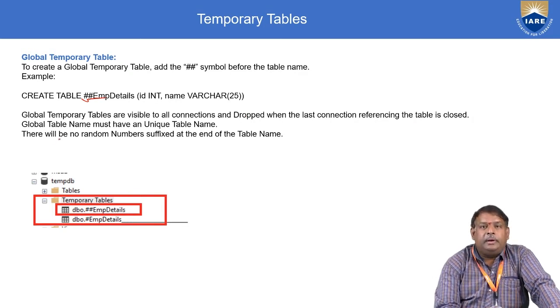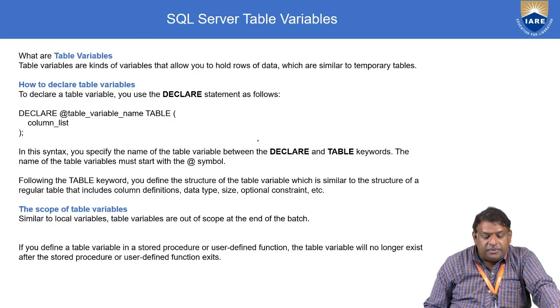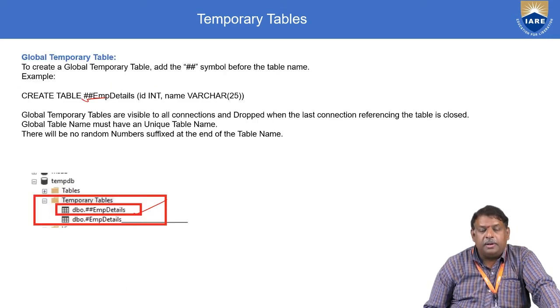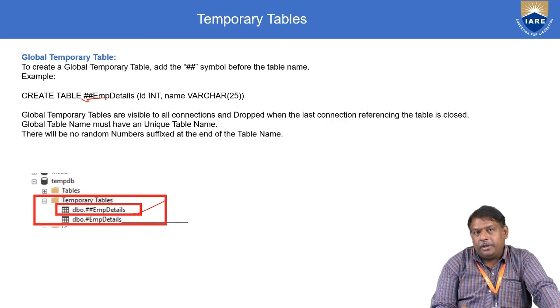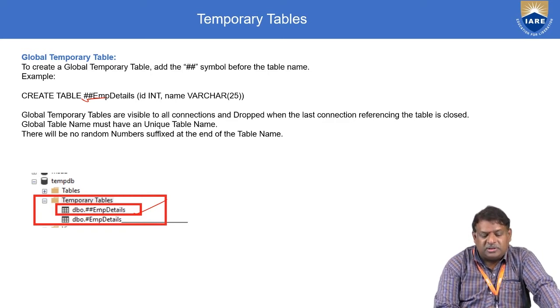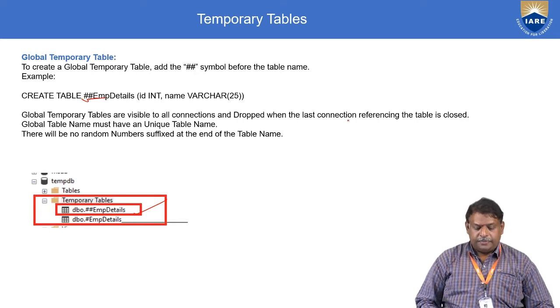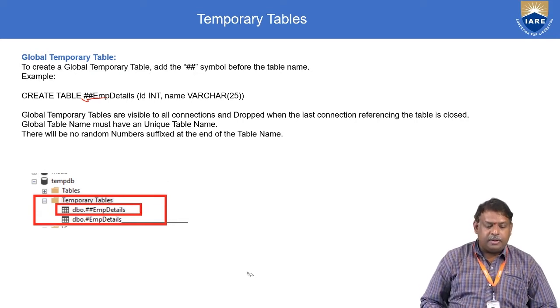Global table names must be unique. There will be no random numbers suffixed at the end of the table name, unlike what we saw earlier. This is the global temporary table.